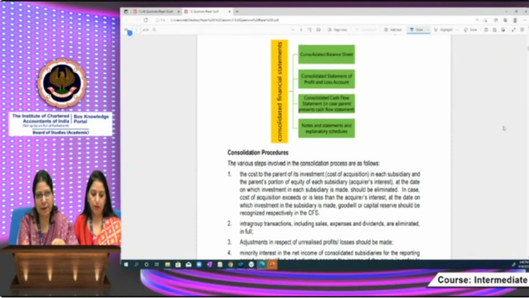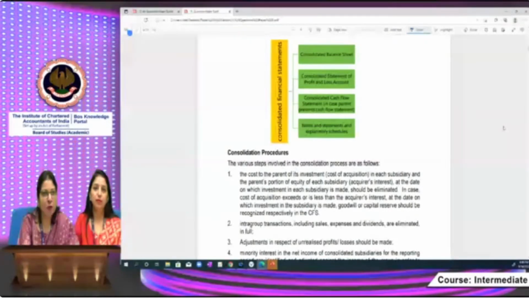As you know, any company having a stake of more than 50%, 51% or more, is called the holding company, and the other company is called the subsidiary.